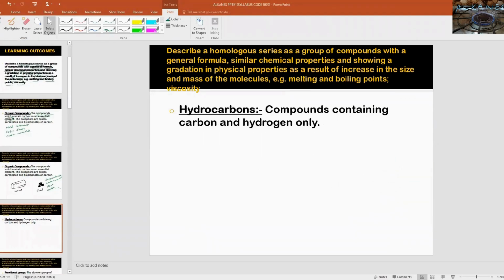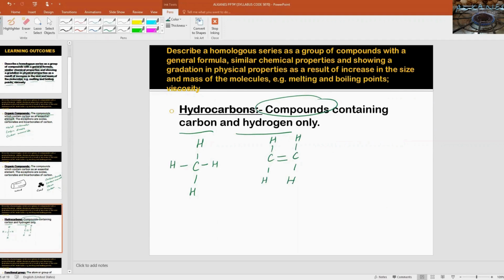Let's talk about hydrocarbons. Hydrocarbons are the compounds containing carbon and hydrogen only. These are some examples of hydrocarbons. You see, all these contain carbon and hydrogen.